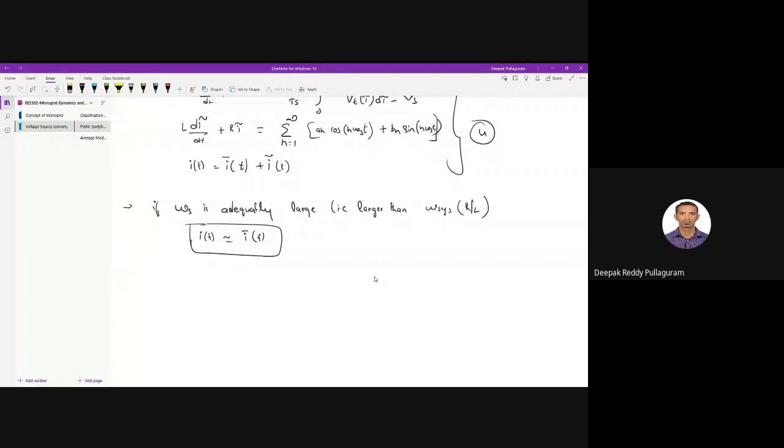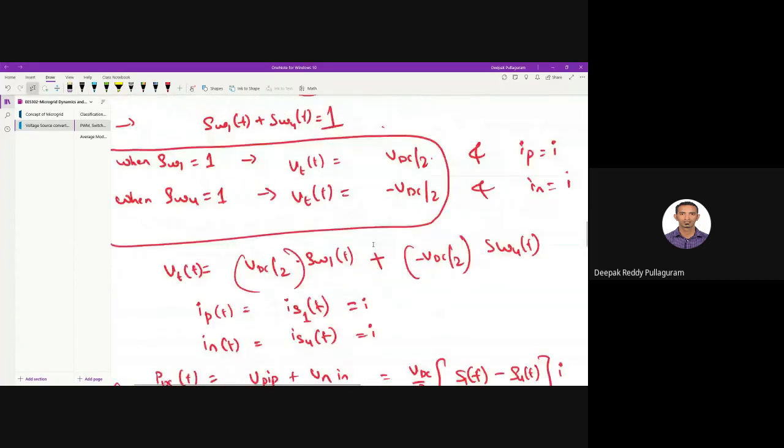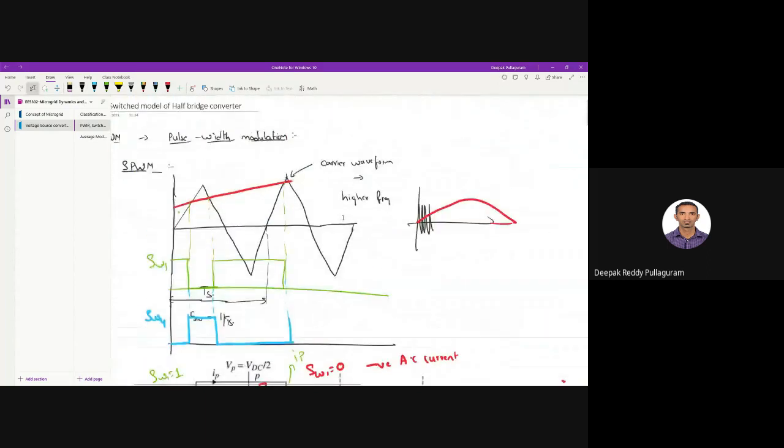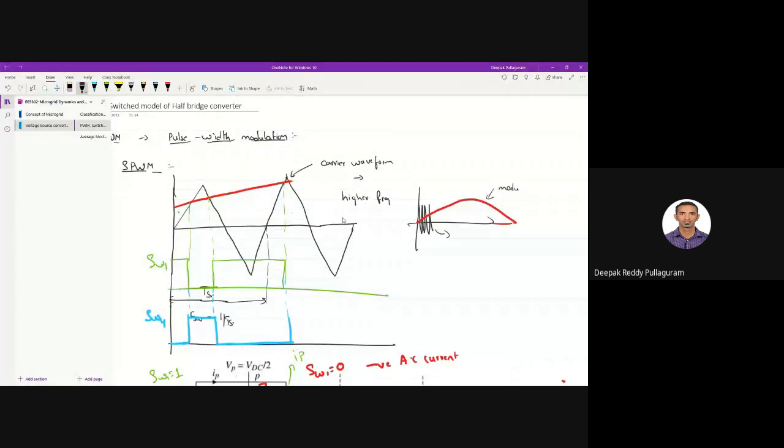So, what is the modulating signal? If we recollect again, the modulating signal is this signal. This is the modulating signal. This is the carrier wave, switching wave, whatever you want to call it. So just remember the modulating signal.